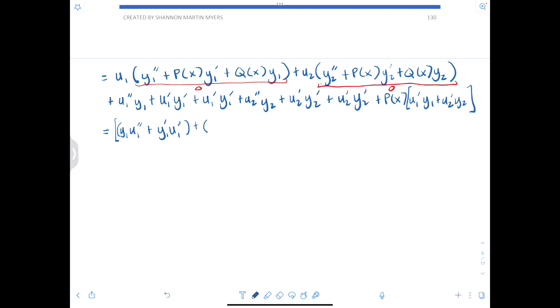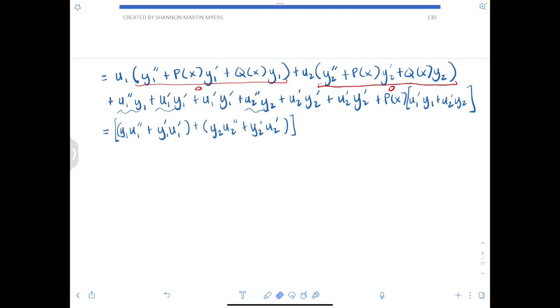And now looking at the y2s, we would have y2 u2 double prime plus y2 prime u2 prime. So we just went through and used, not all of them, sorry.